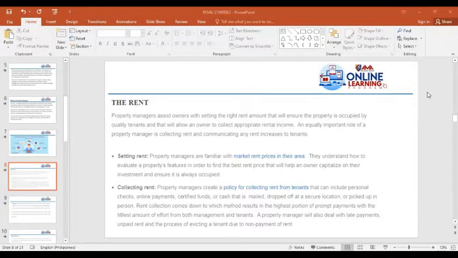An equally important role of a property manager is collecting rent and communicating any rent increases to tenants. So for this, the property manager sees to it that he communicates with the tenants whether there is an increase of the rentals.